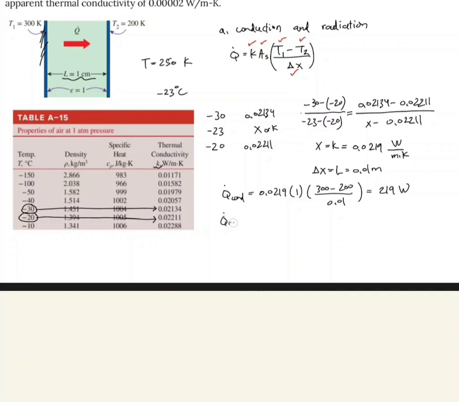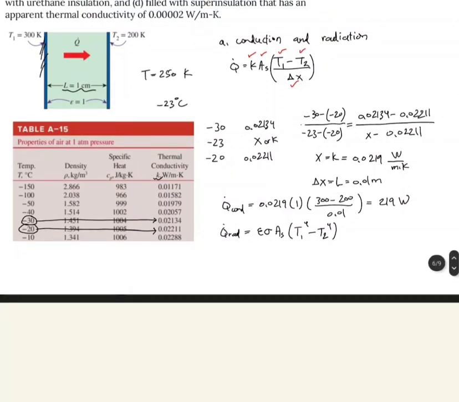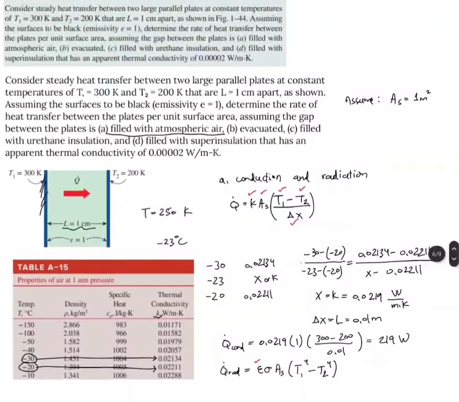So for Q dot radiation, a formula for radiation is epsilon sigma A, T1 to the 4 minus T2 to the 4. And we know the value of epsilon, right? Because it's given here. Epsilon emissivity equals 1.